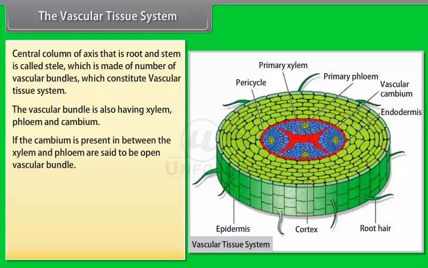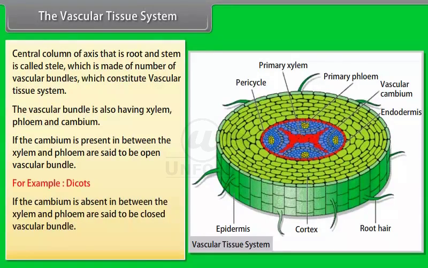If the cambium is present in between the xylem and phloem, they are said to be open vascular bundles, for example dicots. If the cambium is absent in between the xylem and phloem, they are said to be closed vascular bundles, for example monocots.